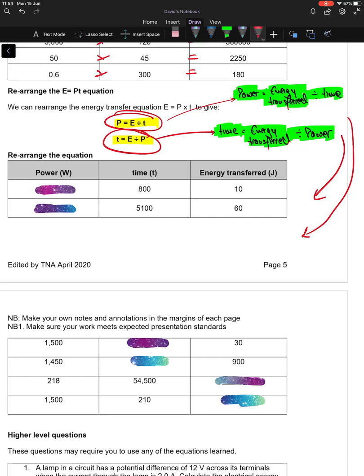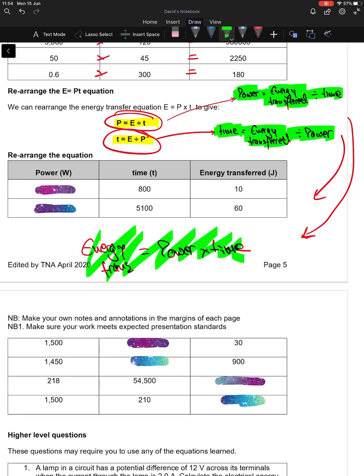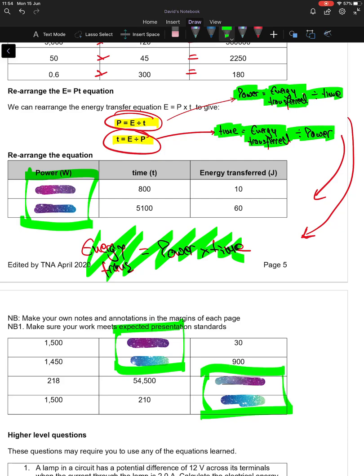What I'd like you to do now is use these two equations where appropriate, and actually these three equations even, because you might need to use the original of energy transferred equals power times time to work out the answers that are missing, okay?